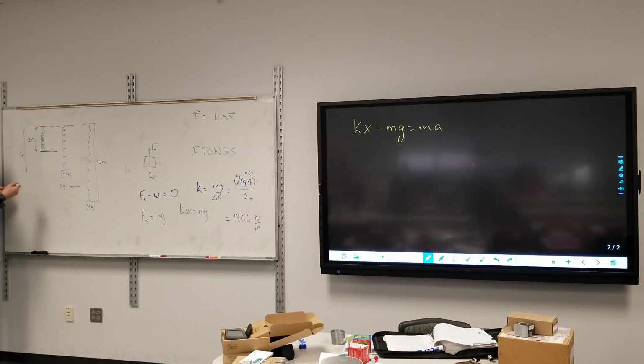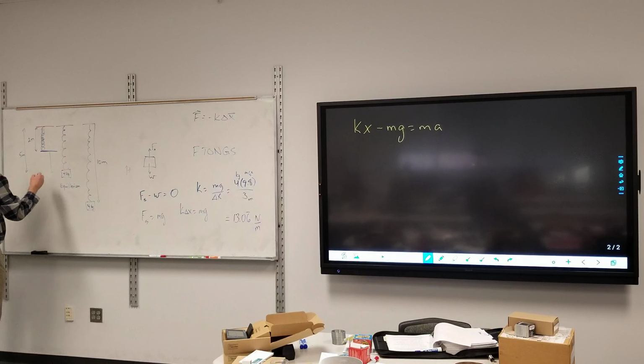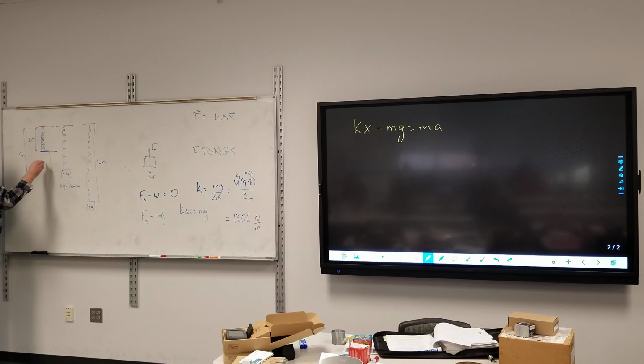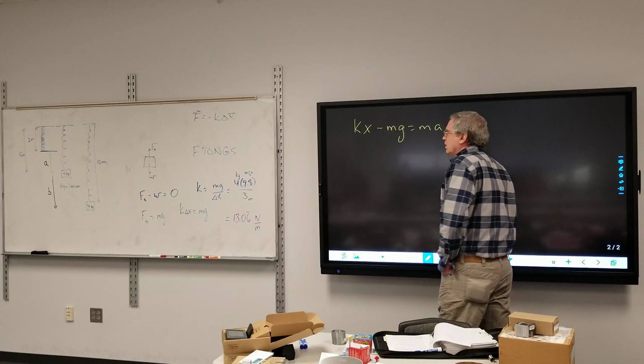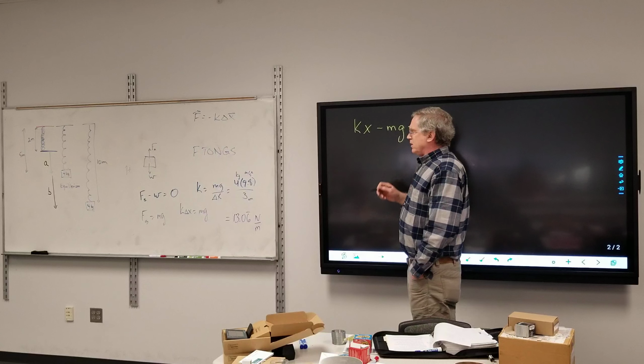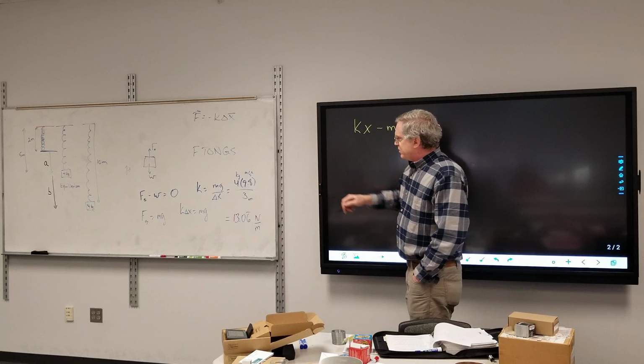Since we're doing letters here, this stretch right here we'll call A, and then it's going to stretch again an additional B. So I have kx minus mg equals ma, and that's from the third position right there.